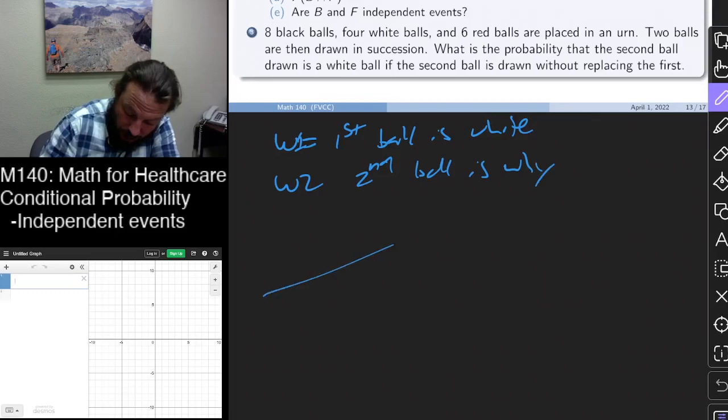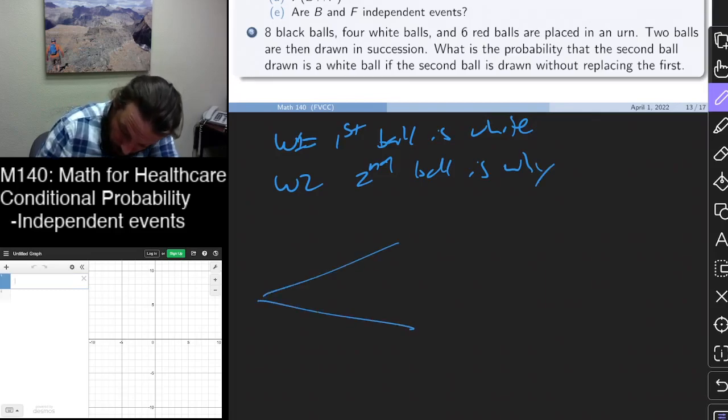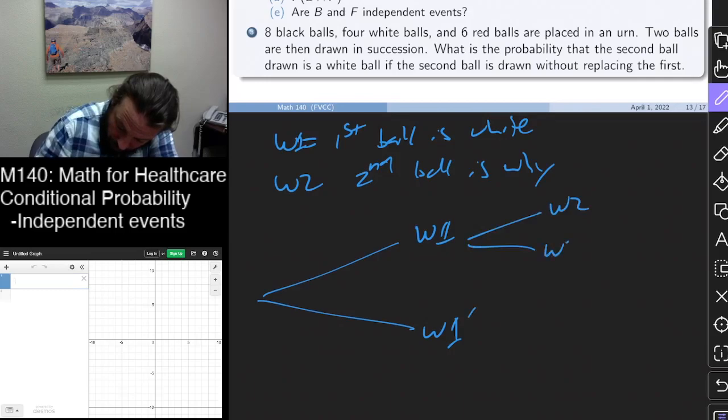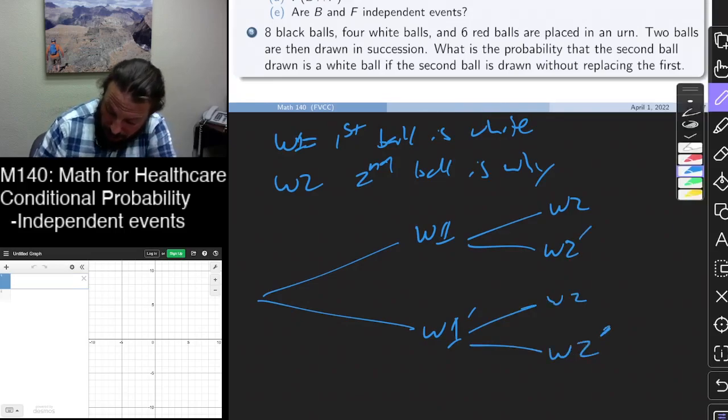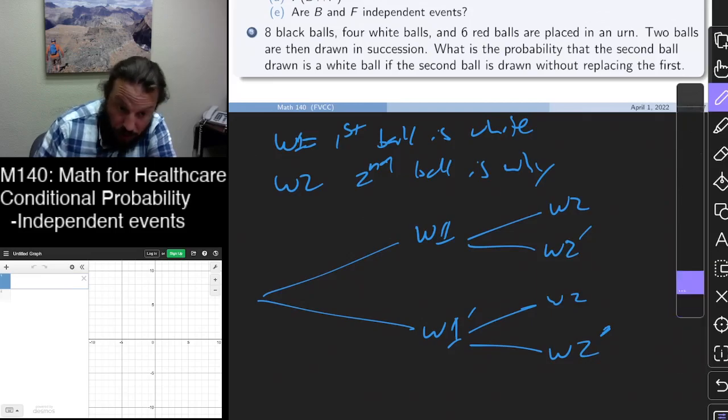So what do we have here? We got white 1 or not white 1. White 2, or the second one is not white. And you should be able to fill out this whole tree diagram on your own.